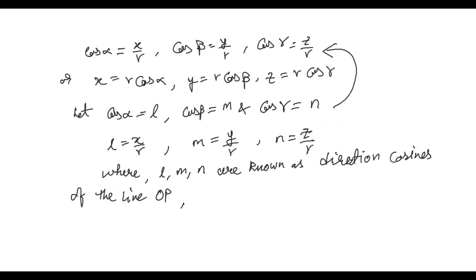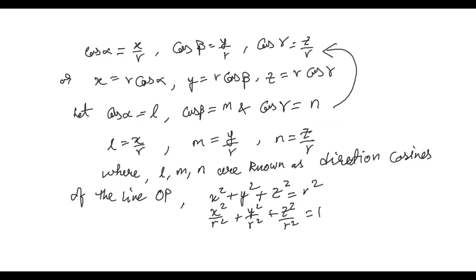So here we know that x square plus y square plus z square equals r square. This can be written as x square by r square plus y square by r square plus z square by r square equals 1, right?